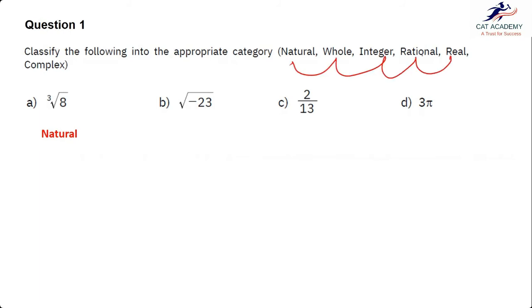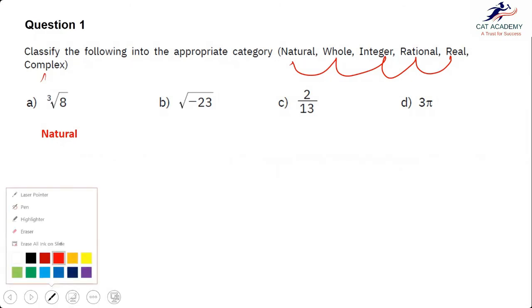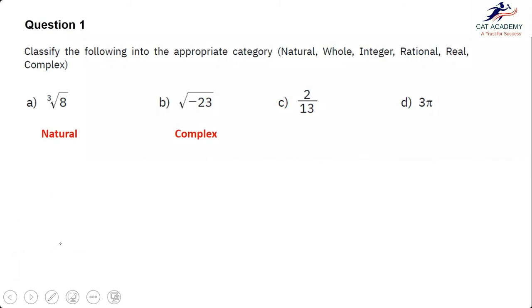They are in a sequence over here. Two by 13, rational. 3 pi, irrational. Okay, so now coming to your definition of pi.